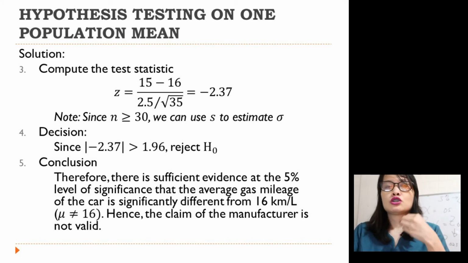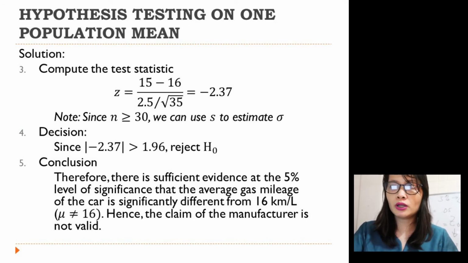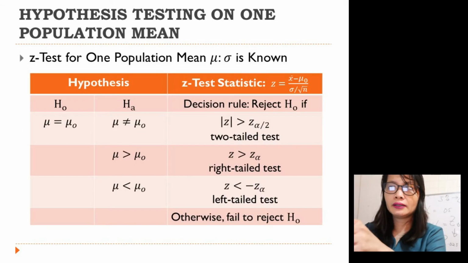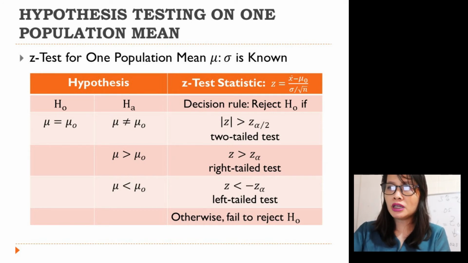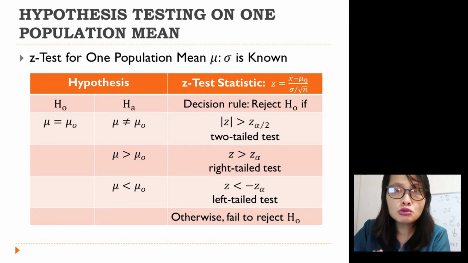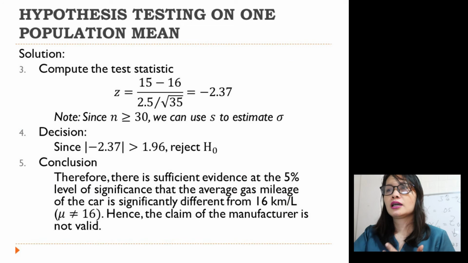The formula in determining the test statistics, nandun yun sa table I gave a while ago. Z equals sample mean minus the hypothesized population mean over sigma divided by square root of n. So, kung hindi given si sigma, you can use the standard deviation of the sample. Medyo matrabaho nga lang.